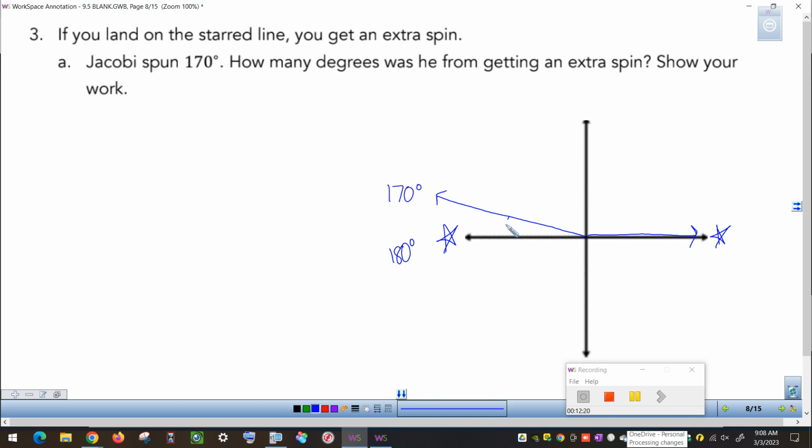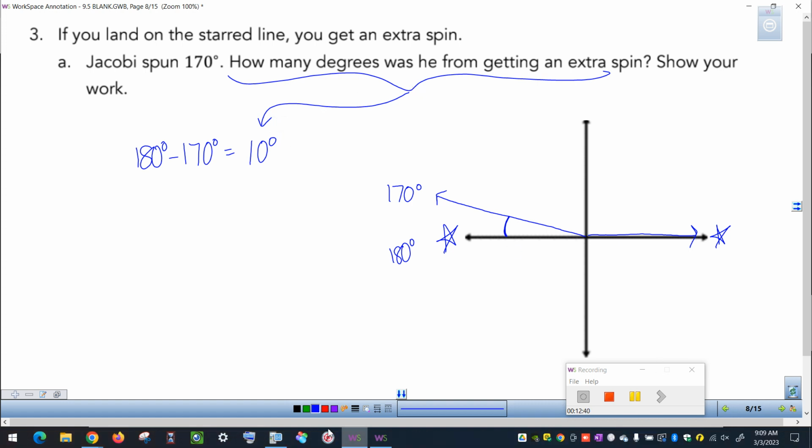How many degrees short was he? 10 degrees short. Degrees away from getting an extra spin. Let's also label the 10. I'd like for you to label the 10 degrees right here in our picture.